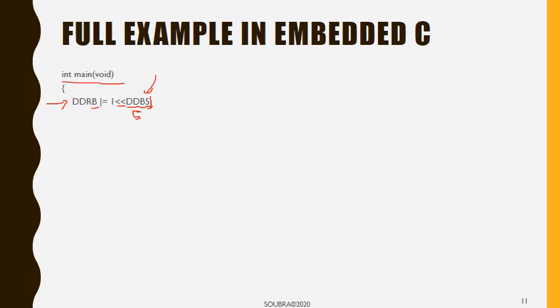Okay, so my DDRB, the direction register for B, has the default value of all zeros.